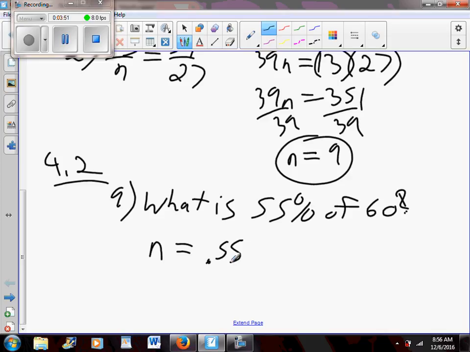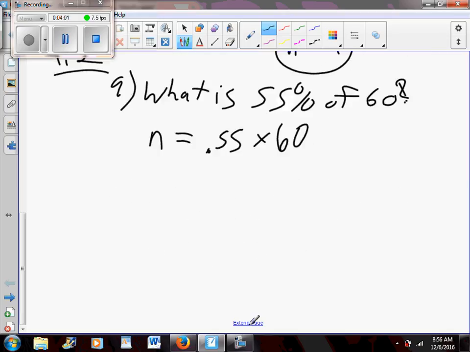Of always means multiplication. And then 60. So it's 0.55 times 60. I want to see if y'all can tell me what that is. The answer is 33. 33 is 55% of 60.